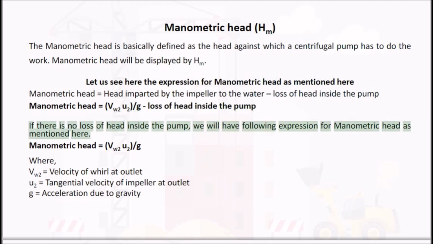If there is no loss of head inside the pump, we will have the following expression for manometric head as mentioned here.